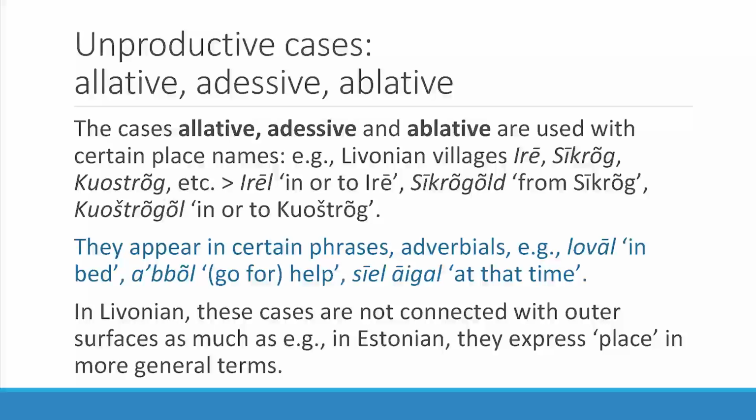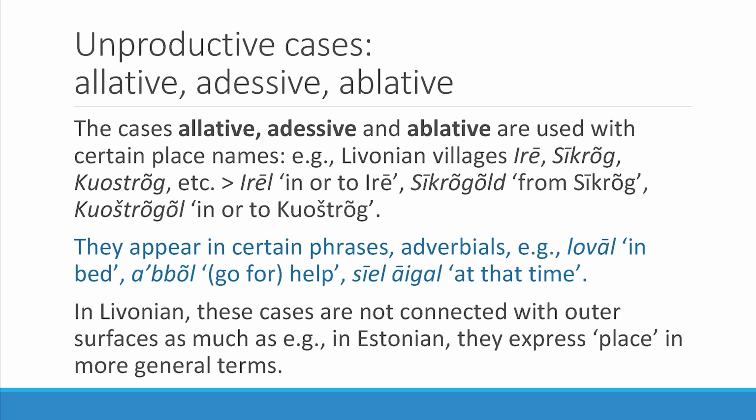But what are the unproductive cases? So this allative, adessive, and ablative, for example, which are used with certain place names and especially with the names of Livonian villages. So, for example, the villages are Ire, Siikrõg, and Koštrõg, and you use allative, adessive, or ablative with these village names.